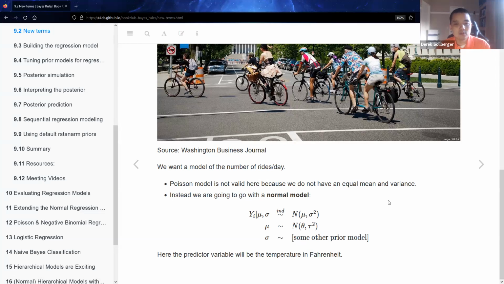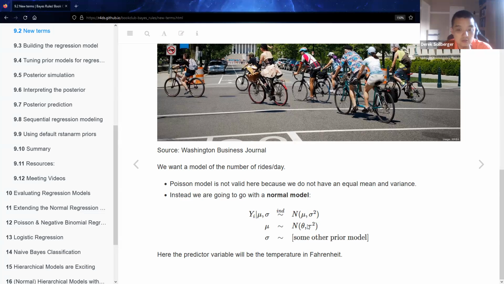For example, we have different seasons: winter, spring, summer, fall. And thus, folks who work with this, such as the authors, are going with a normal model where the likelihood is modeled with a normal distribution.